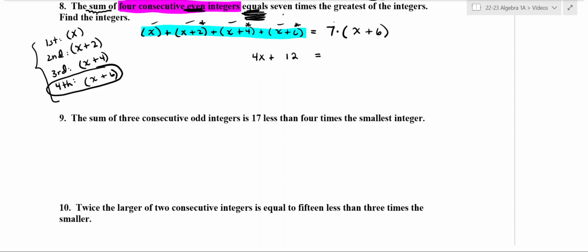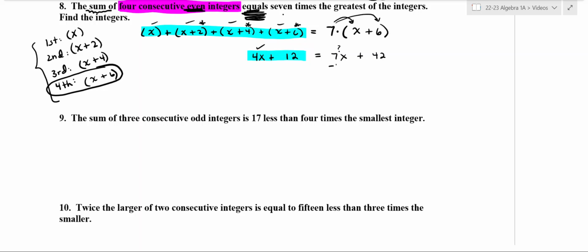For the right-hand side, we're going to have to use the distributive property, and that's going to give us 7x plus 42. All right? So we want to have all the terms with x on the left, but the problem is this one right here, 7x on the right-hand side.